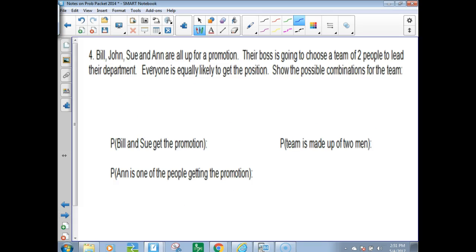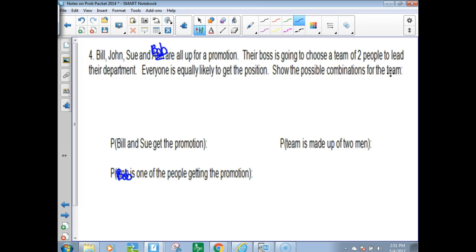You have Bob instead of Ann on your paper, I believe. I got to fix this. Now, I'm not going to use abbreviations, I'm just going to write their names, because we're going to figure out the combinations. Our boss is going to choose a team of 2 people to lead the department, and everyone is equally likely to be chosen.